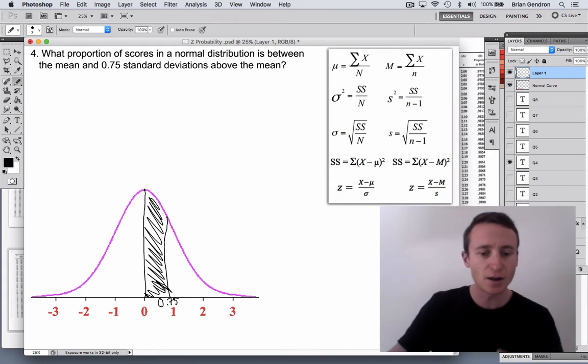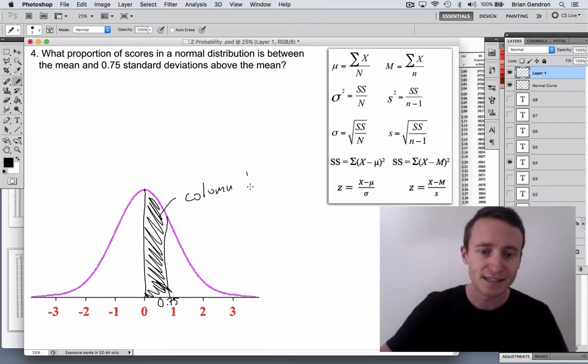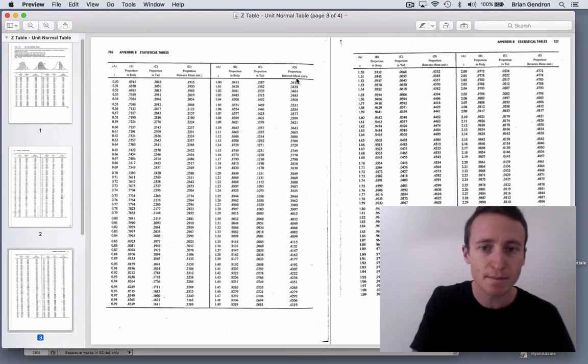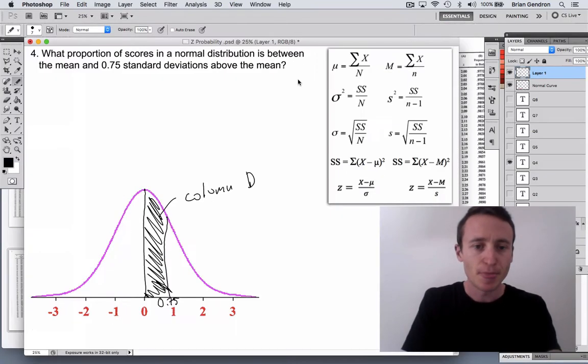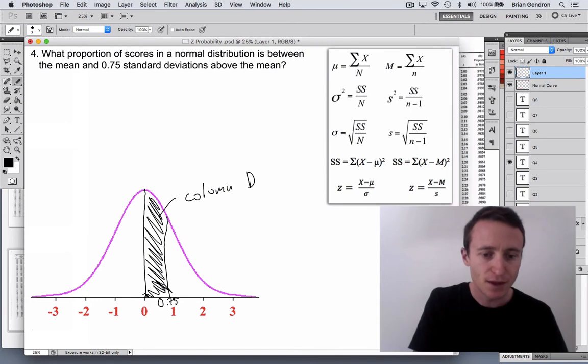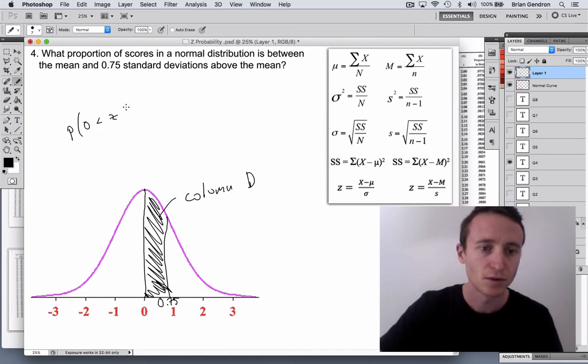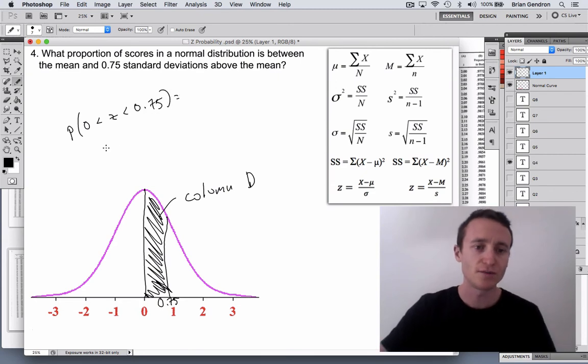So this is not a tail, this is not a body. This requires us to use column D on the table. If you look at column D, it says proportion between the mean and z. And that's what we have. The mean is the middle. This z is 0.75. In notation form, it's going to look like this. What proportion of z values is between 0 and 0.75?